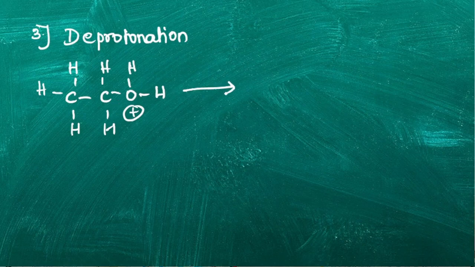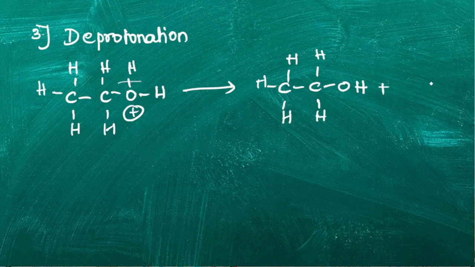In the deprotonation reaction, the CH3 will be as it is, and this CH2 will be as it is. In this OH2, one H is going to go out. So now you see OH will be there, plus H plus going out.